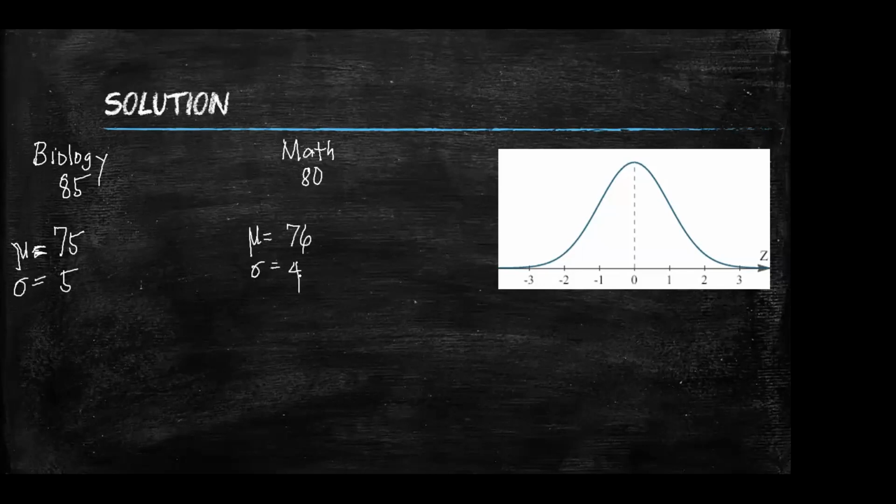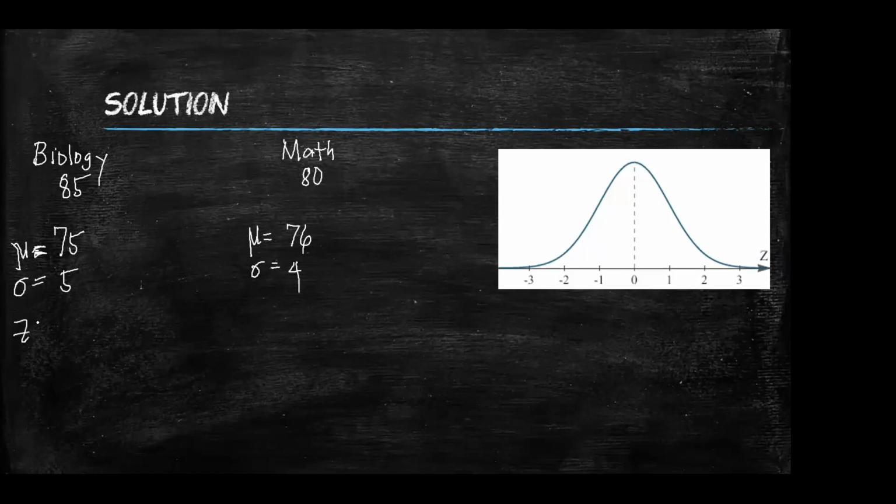Now, class, we will check the z-scores of each subject and then compare where it is higher. Where the z-score is higher, that is where she performed better.